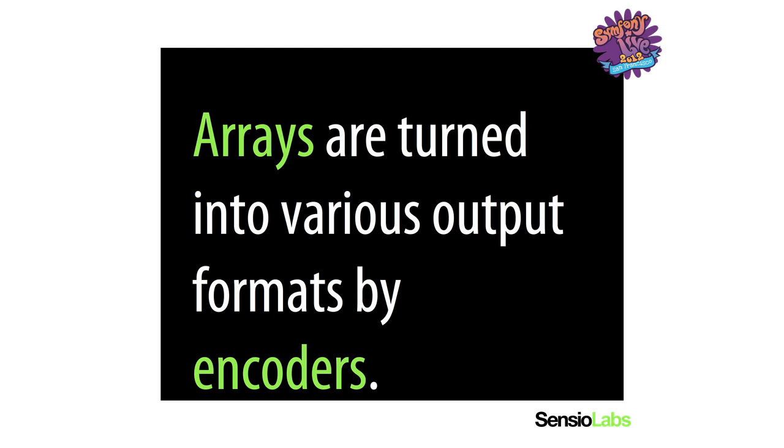So we have a YAML encoder, a JSON encoder, or an XML encoder. And if you want to do the contrary, we have decoders to convert a string, so an XML string or a JSON string, into a PHP array, and then converting the PHP array to the PHP object by denormalizing this array.